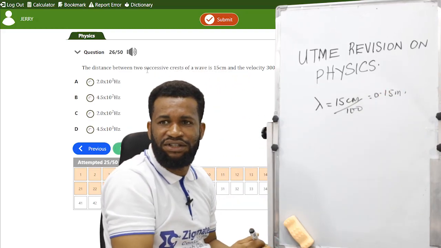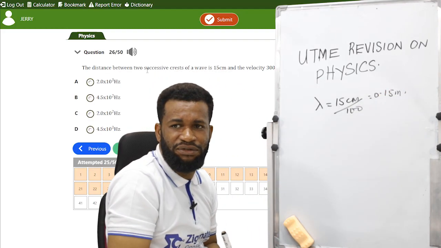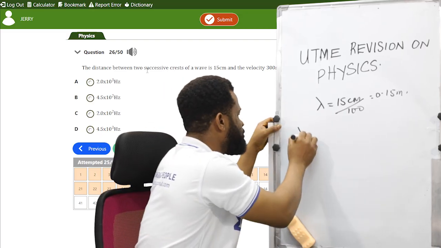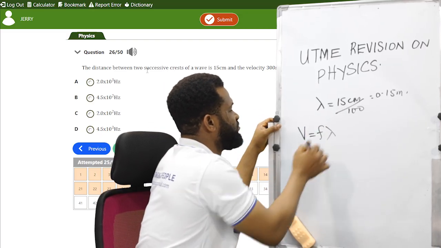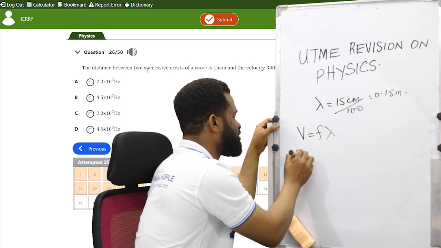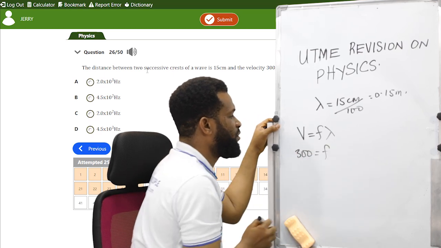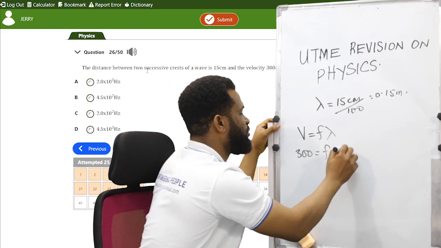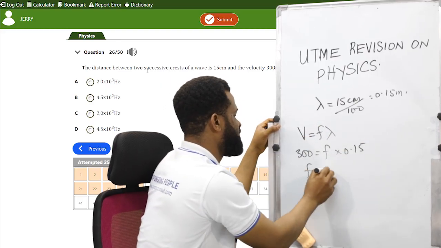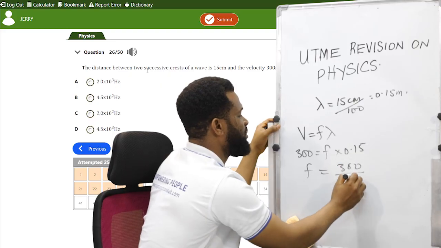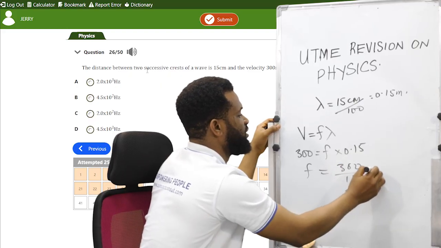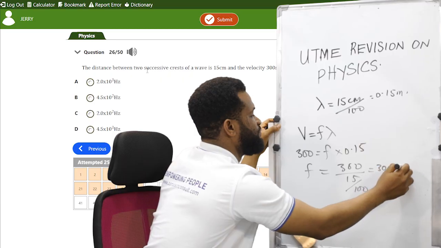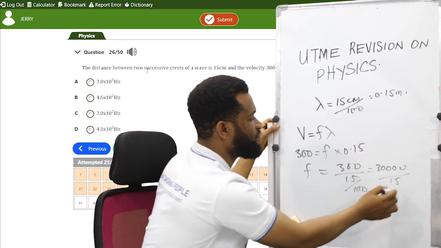And the relationship between the velocity, frequency, and wavelength is the speed of a wave, which is this formula. And V is given as 300, is equal to, I'm looking for frequency, times the wavelength, which is 0.15. So this is going to be 300 divided by 15 over 100, which is 300 divided by 15.